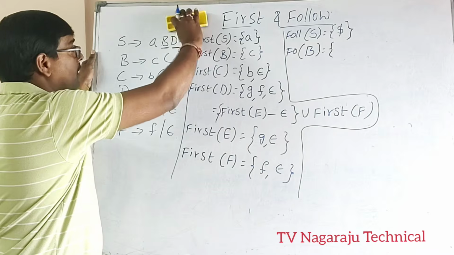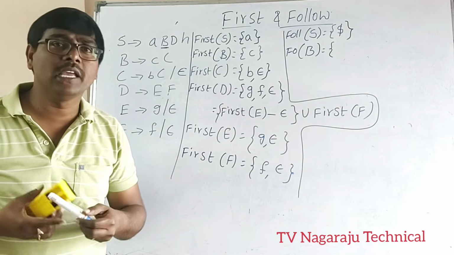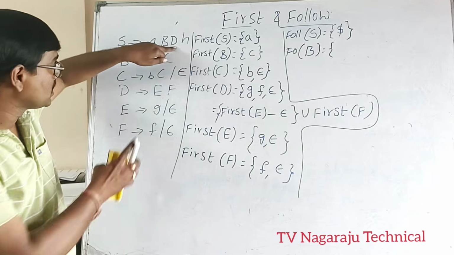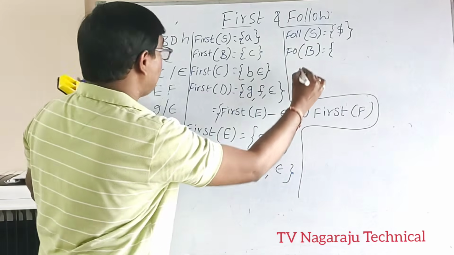But if I have a non-terminal after B, again do the same process. What is the same process? D is replaced with its production.